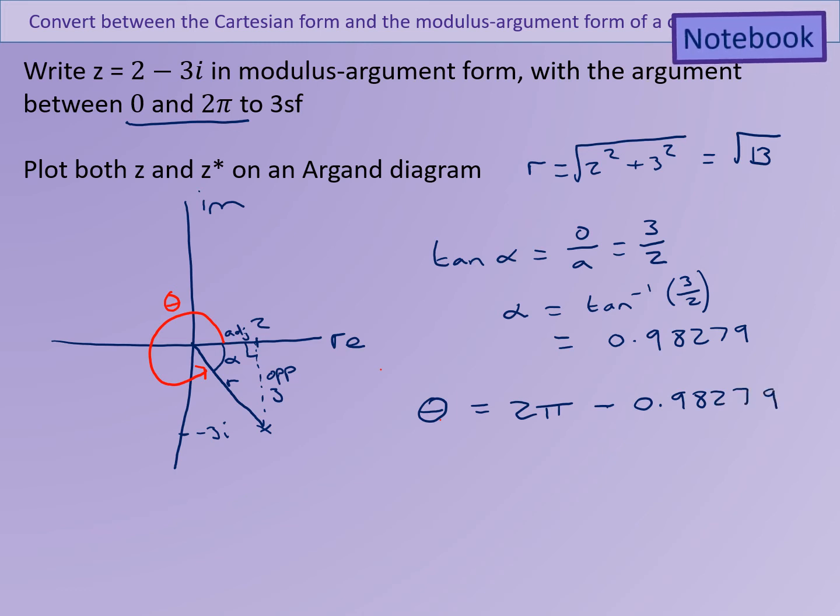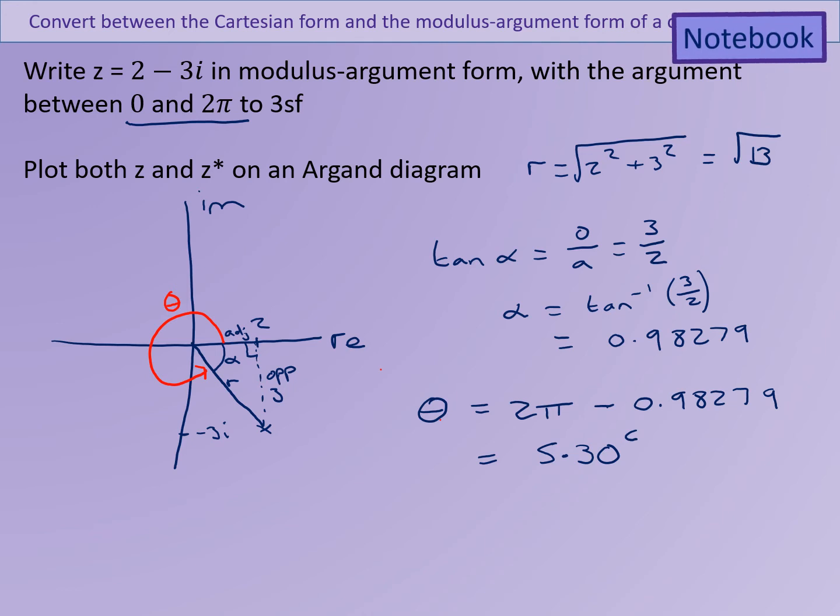Now when we find that, the answer is actually 5.300391. We need the 3 significant figures, so I'm going to write that as 5.30. Don't forget the symbol, radians, we'll see there. So it is important that you put 5.30, not just 5.3, because that wouldn't be 3 significant figures.